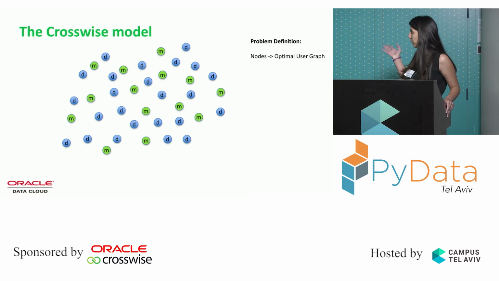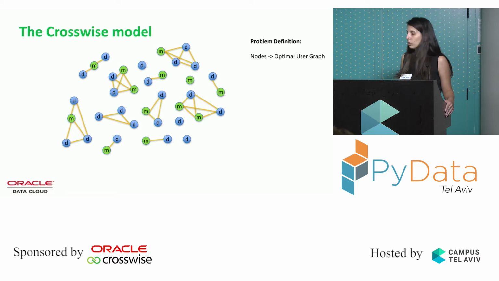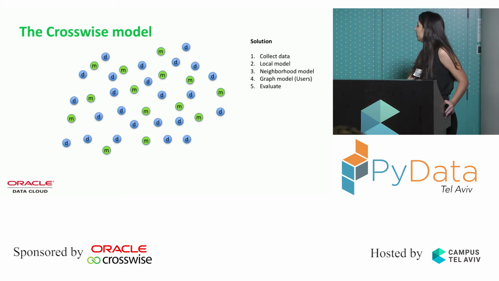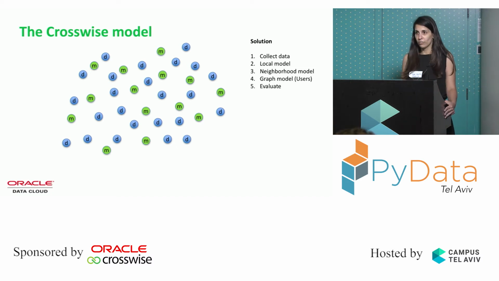So this is basically our world. We have either desktops or mobile phones, and those are just nodes, and we want to connect those nodes together if they belong to the same user. We have a simple 5-step solution. First we collect the data, the activity data of the devices. Then we run a local model, a classifier, on pairs of devices.